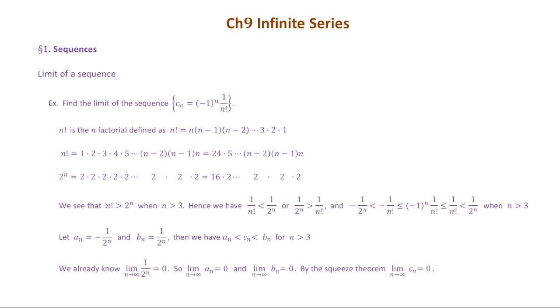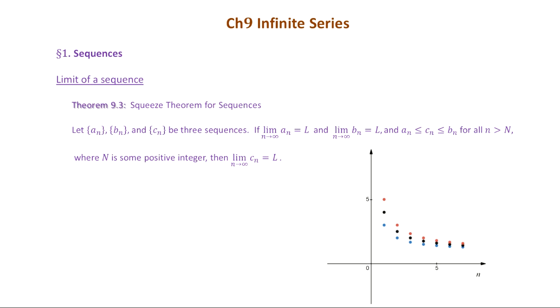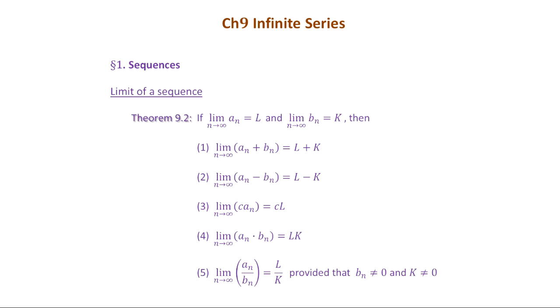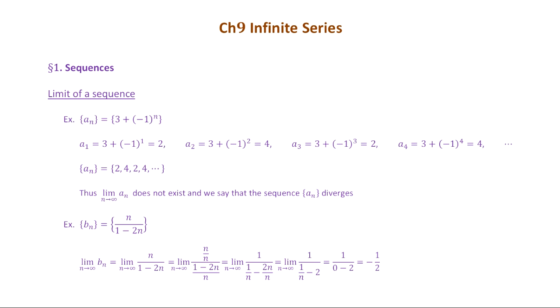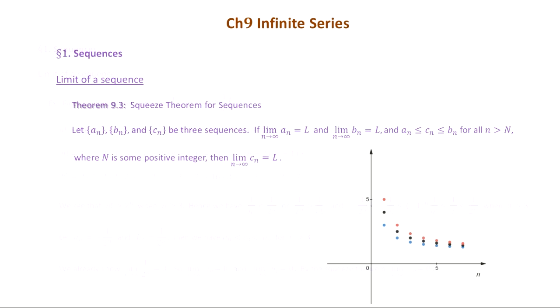We already know the limit of 1 over 2 to the n is equal to 0, as we did in previous examples, if you remember. So we can use that in this problem.